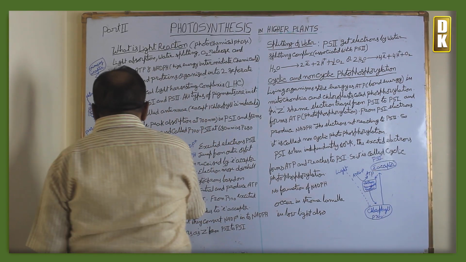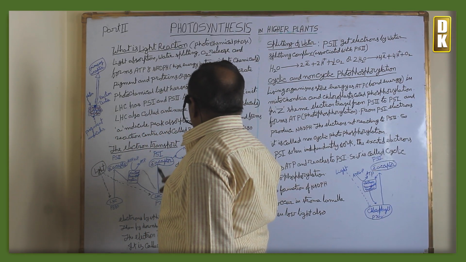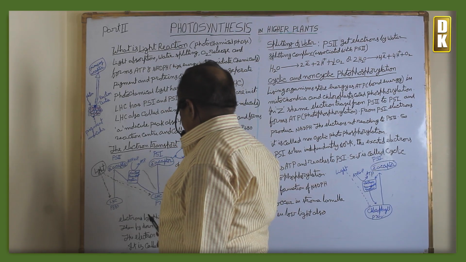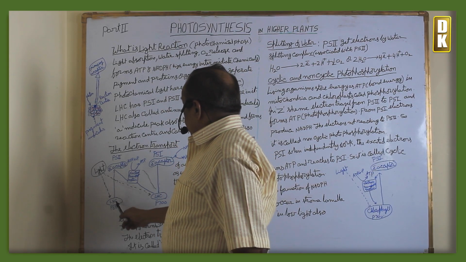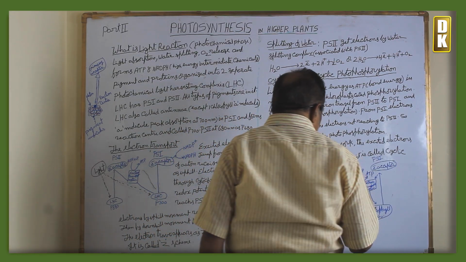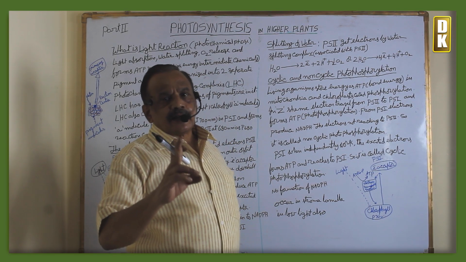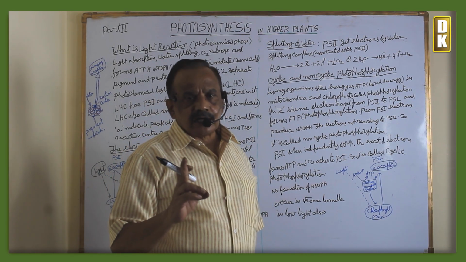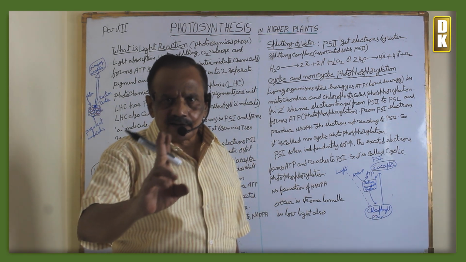But in non-cyclic, the electrons are excited and passed to photosystem 1, and from there reach NADPH. One more thing you have to remember: photosystem 1 can work independently, but photosystem 2 cannot work without photosystem 1.